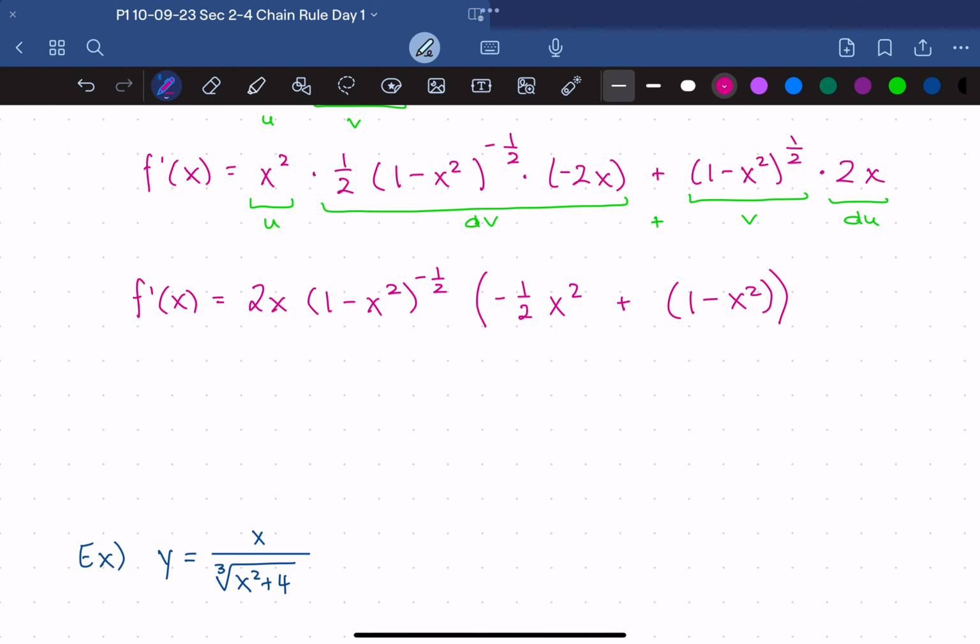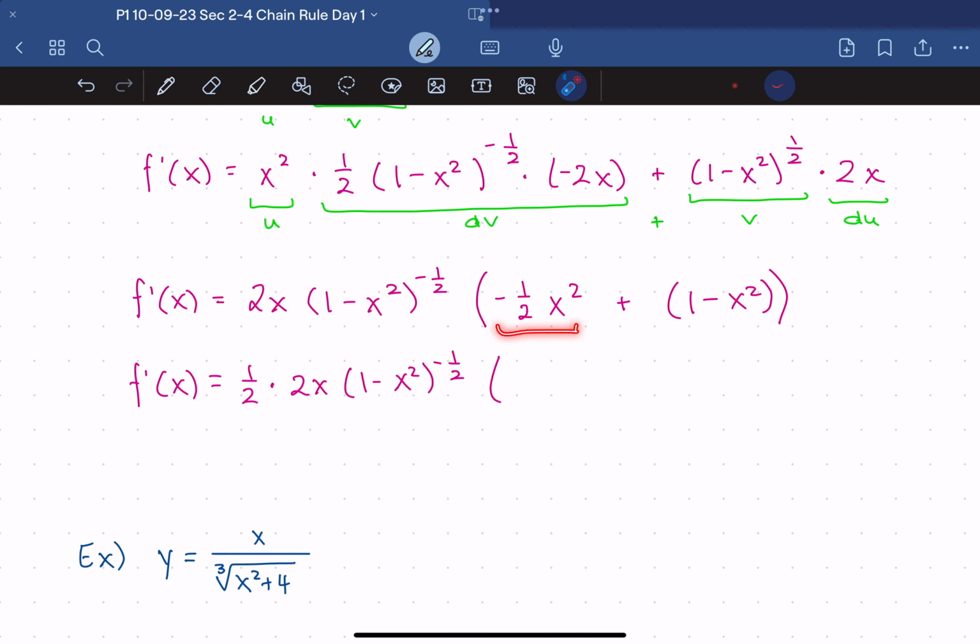And then actually something else I should have done in the beginning, but sometimes it helps to do it in steps. I'm also going to factor out the fraction. So I'm going to factor out a 1/2, and then I still have the 2x, 1 minus x squared to the negative 1/2 that I factored out.